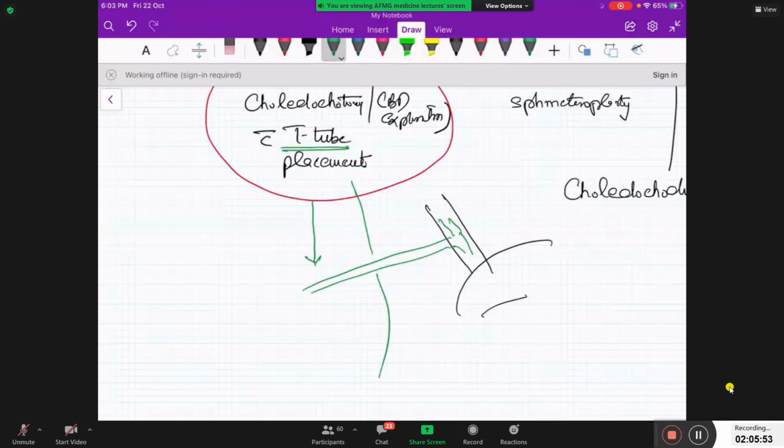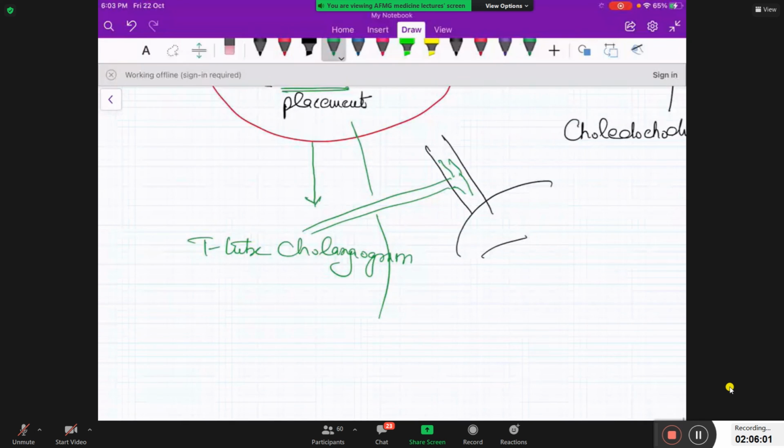After this surgery, we are supposed to do a T-tube cholangiogram. You don't need to go into the detail of this. Just remember, we do a T-tube cholangiogram between 5th to 7th day. We inject a dye through this T-tube. If the dye is going freely into the duodenum, we will remove this T-tube.